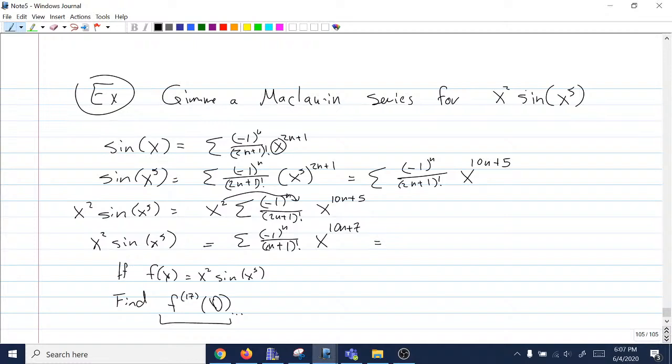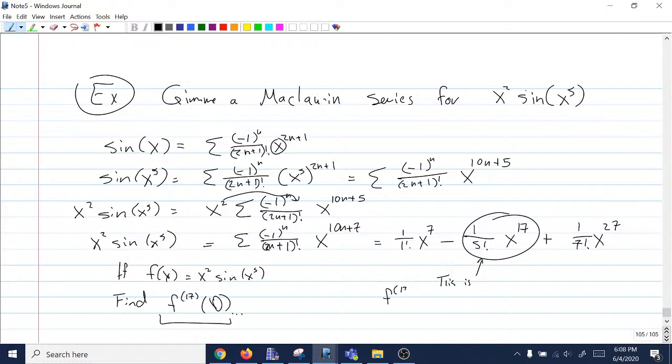When I plug in n equals 0, I get 1 over 1 factorial x to the 7, minus 1 over, now n is 2, 2 times 2 plus 1 is 5 factorial, x to the 17, plus the next one will be an x to the 27 with a 7 factorial here. Well, this term must be the 17th term.